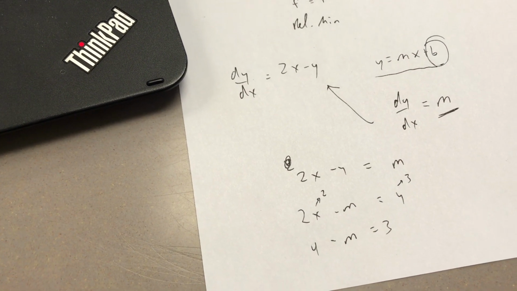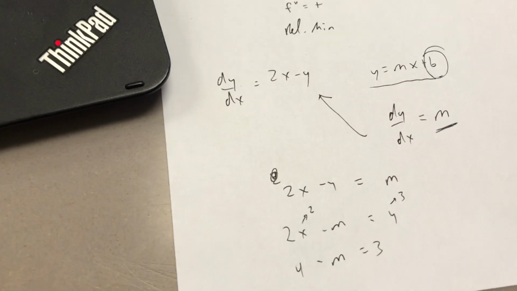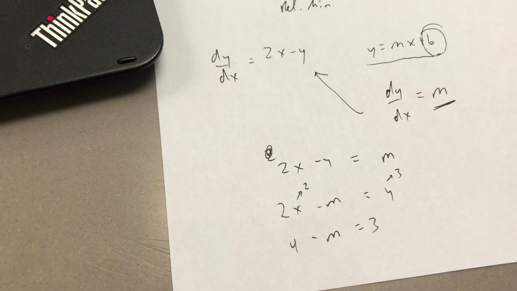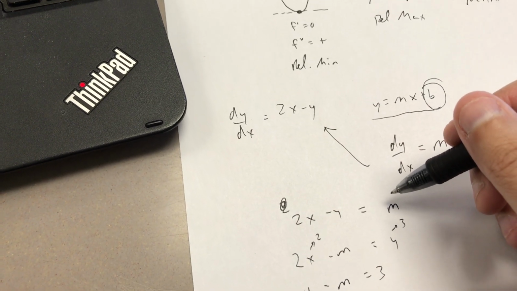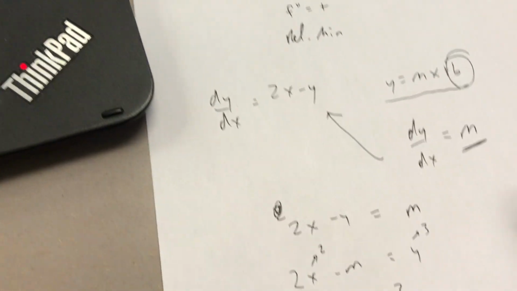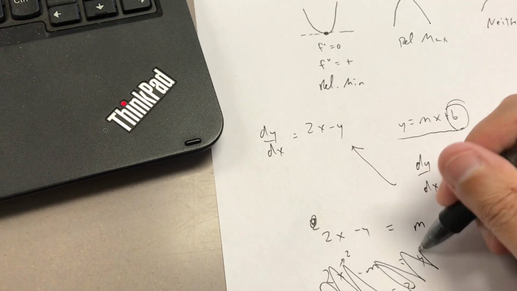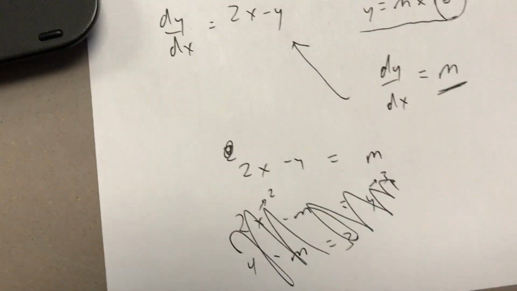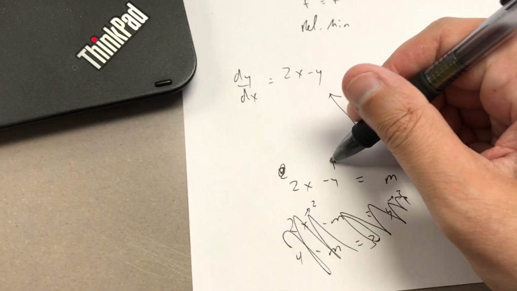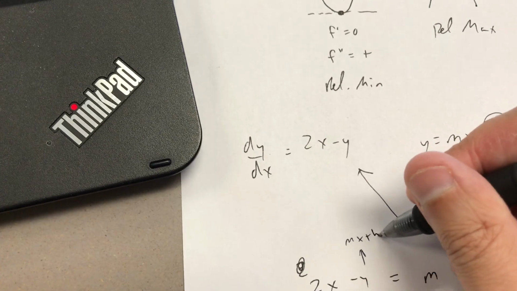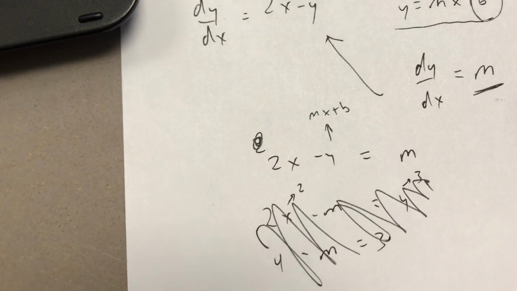And let's see, I have made some kind of horrible mistake here. What have I done? Let's see, 2x minus y is equal to m. Oh, okay, let's back up. This happens sometimes. This is why I'm showing you a live question. All right, they told us that y is equal to mx plus b, so I can substitute that into the equation.